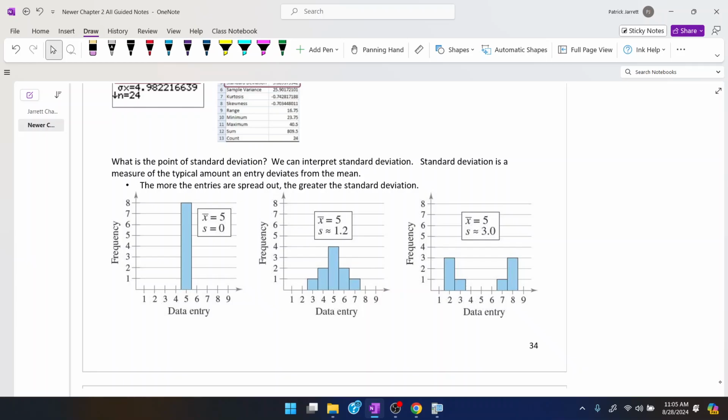Now, if there was a wide range of test scores, for instance, you had a large group of students that did very well, and then you had a large group of students that did very poorly, that's when the spread would get much higher. So that is the purpose of standard deviation. Calculating it is one thing. You have to know what you're doing with it.